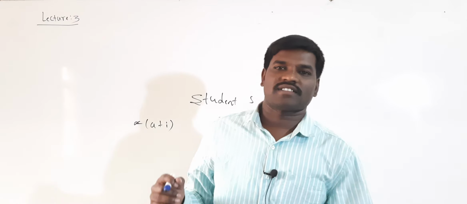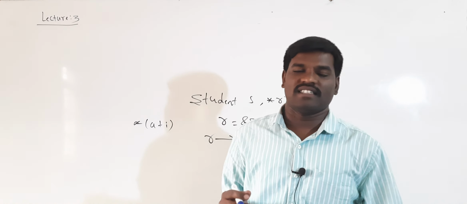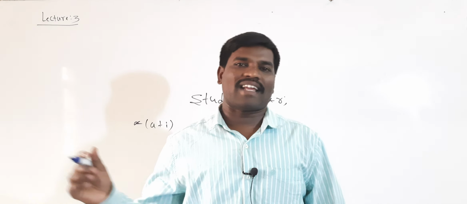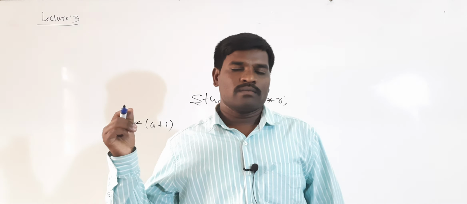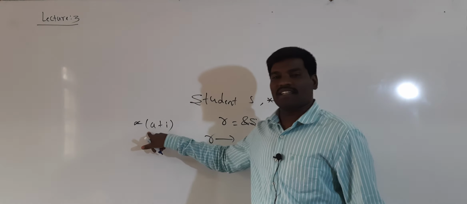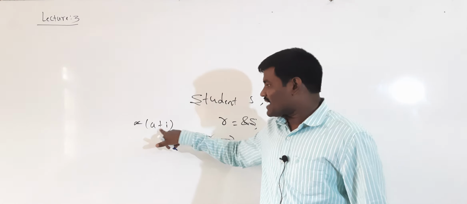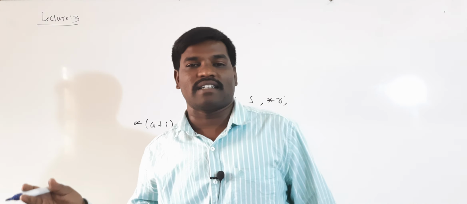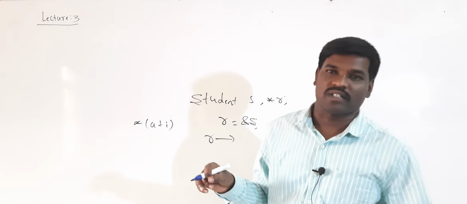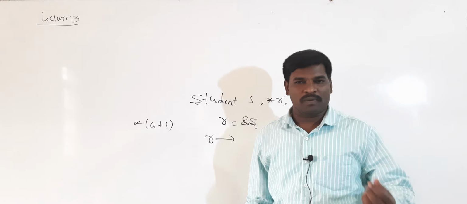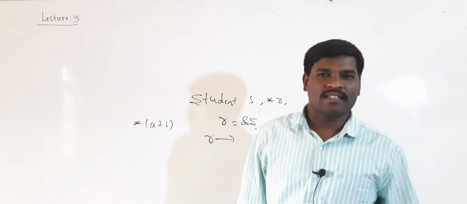Here a indicates the base address and i indicates the index value 0, 1, 2, 3, 4 like that. Every time i is incremented, it is added to the base address, which means indirectly the address is incremented and the values are stored in the particular pointer variable. If you want to print, again we have to use the same method.